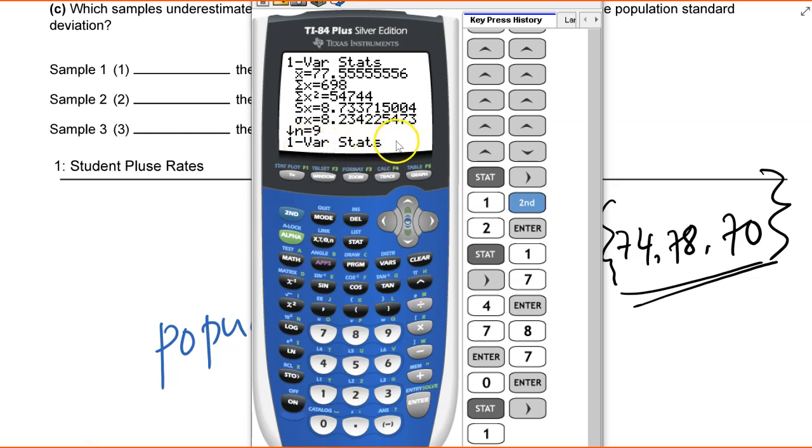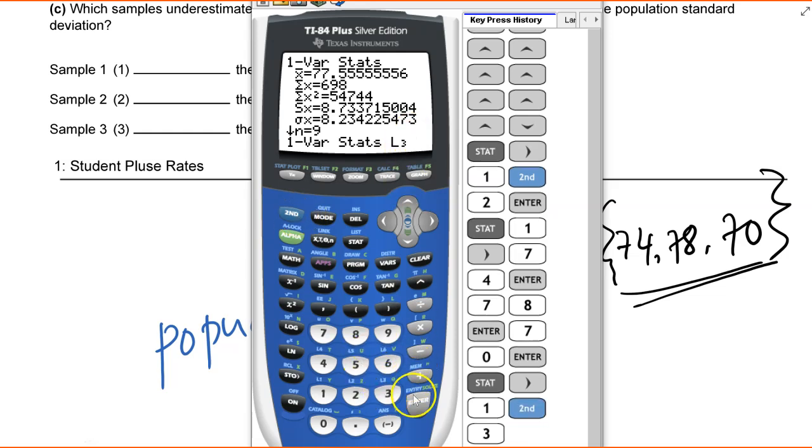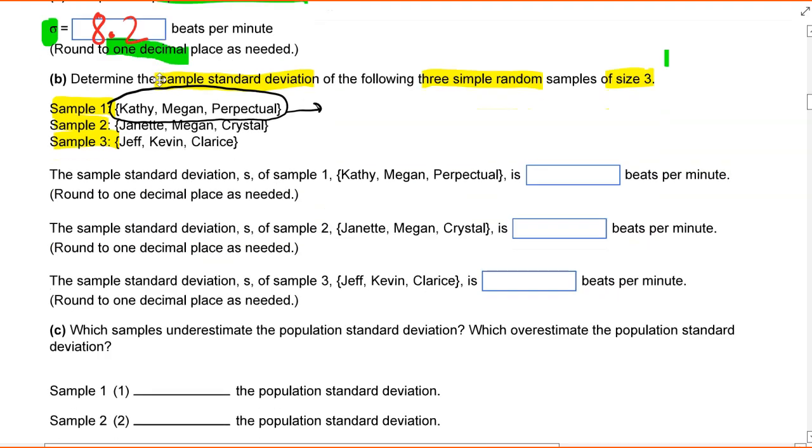Now you have to type L3 here because this data is in L3. To find L3, you press second and 3. Press enter. You get the sample standard deviation, which is 4. Therefore, for sample 1, the sample standard deviation is going to be 4.